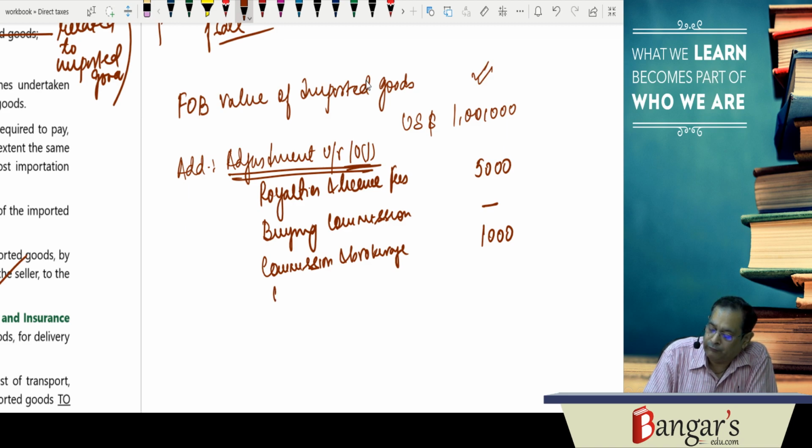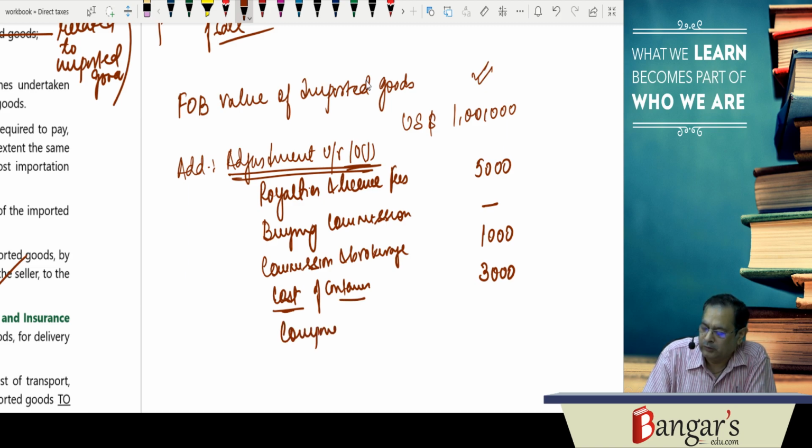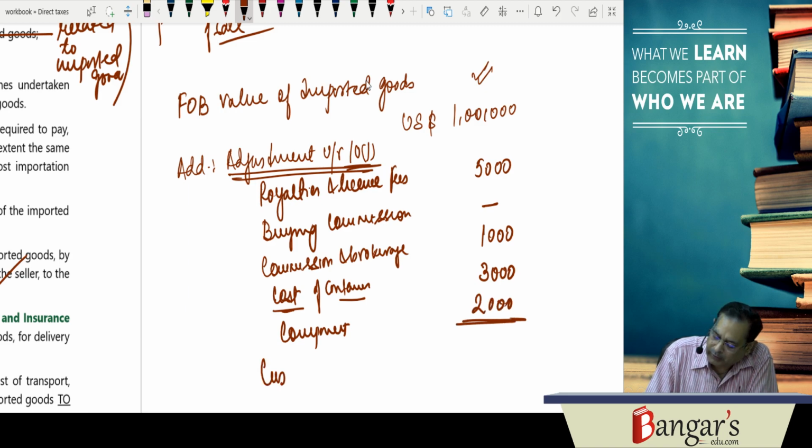Say the cost of containers, if the goods are imported along with the containers, is 3,000. And say if any component has been provided free of cost, say 2,000 US dollars is the cost of the component. Now after additions of adjustments under 10(1), it gives the customs FOB value.